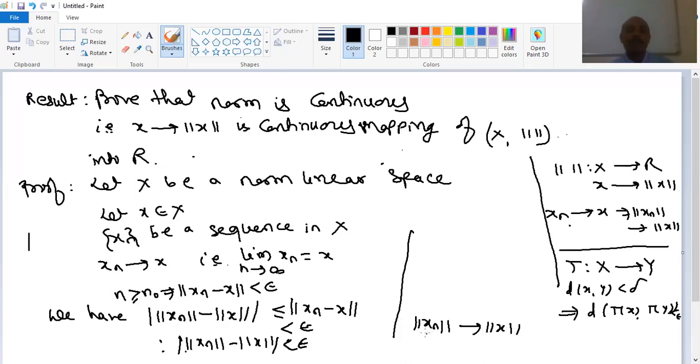That means this norm function is a continuous mapping. Therefore the norm function is continuous. Norm is continuous.